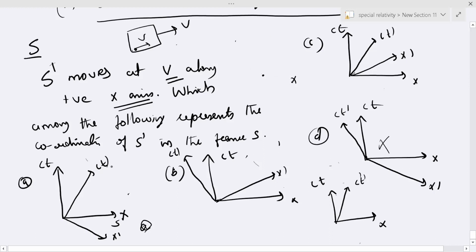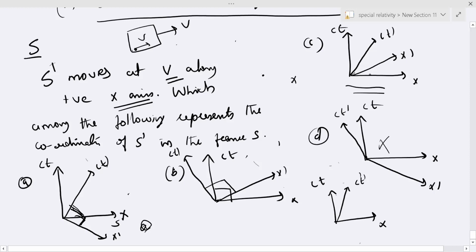The reason why you choose this answer, I know the reason, is because this seems to preserve the orthogonality. And the next option that the other person chose also seems to preserve the orthogonality. But if you look at option C, this does not seem to preserve orthogonality.